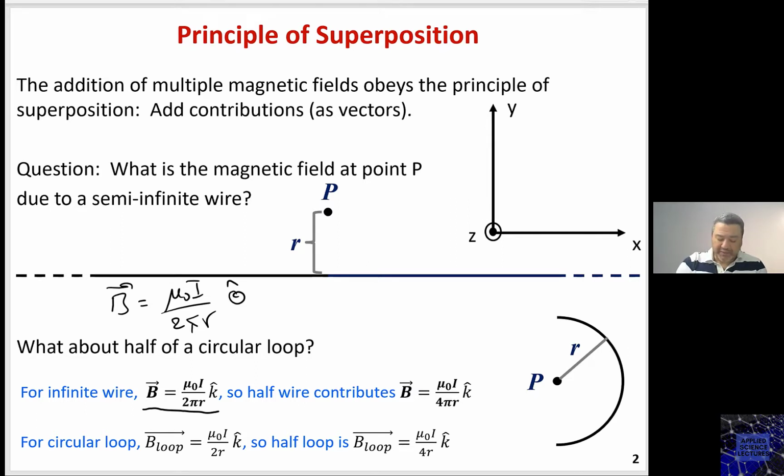In this case, the wire that has the current going through is in the same plane as the point of interest, P here, both of them in the XY plane.